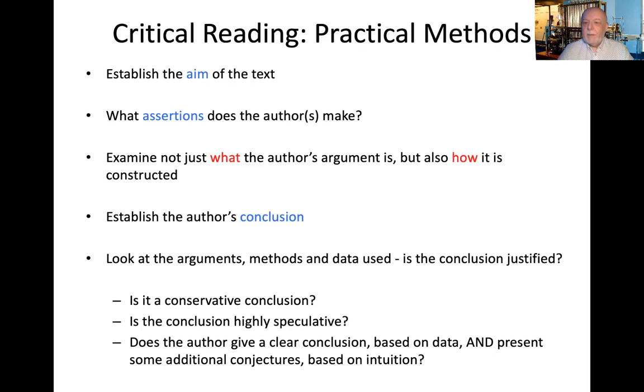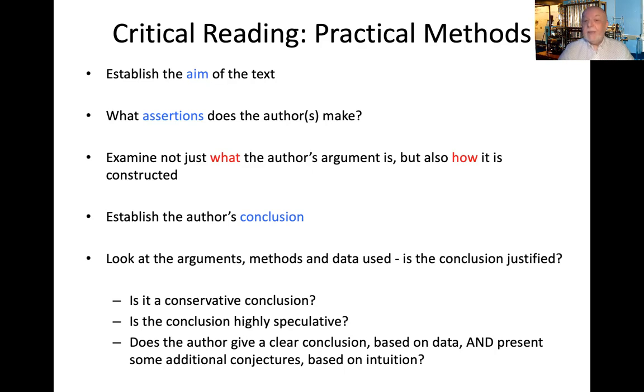Okay. And then look at the conclusions and decide, have they been quite conservative? So they've not made outrageous claims based on a sample of one biscuit. Is the conclusion highly speculative? I would suggest the previous example we looked at is quite speculative when it talks about all biscuits having chocolate in.